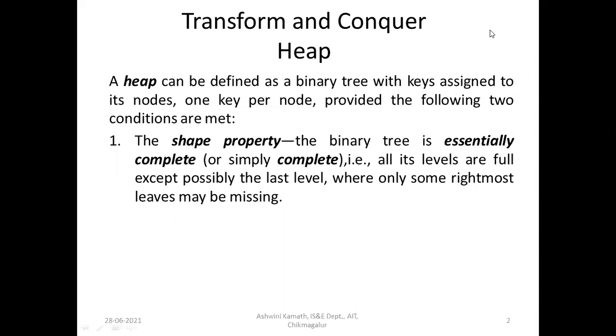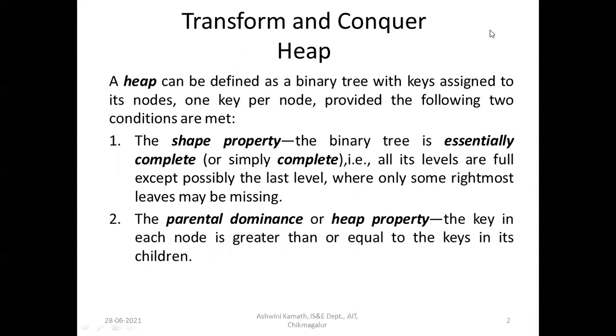Before creating the next level nodes, the current level must be filled with nodes. That is a complete binary tree. So a heap must be a complete binary tree, and we have two kinds of heap, max heap and min heap. Here we are going to learn max heap.